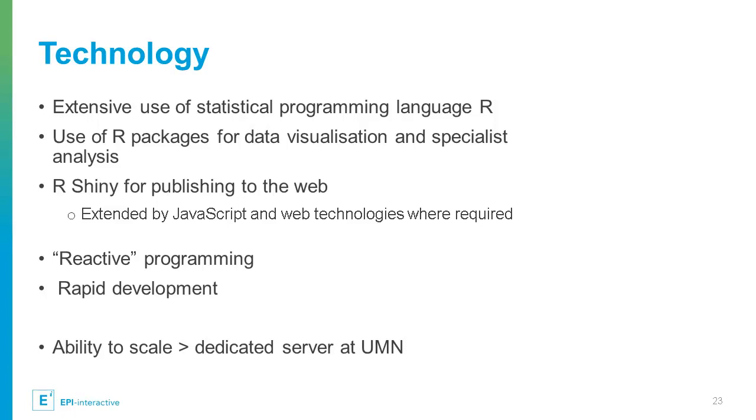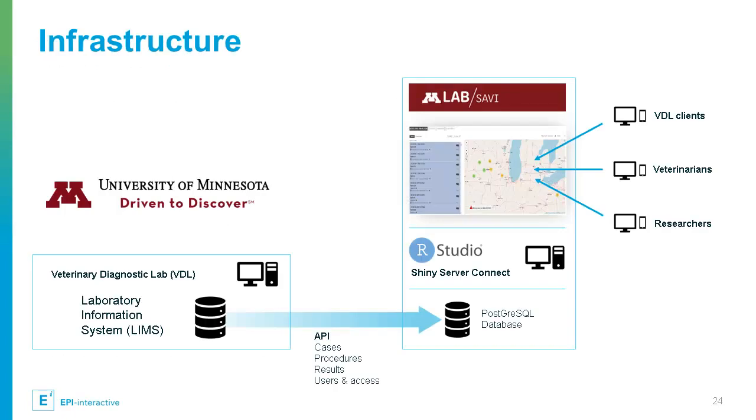We are planning for the ability to scale, and so we set up a dedicated server at UMN currently. Quick overview: we've got a VDL system to the left, and to the right is Lab SAVI, the system we're building up. We run an automated data import every night, and that goes into a database.